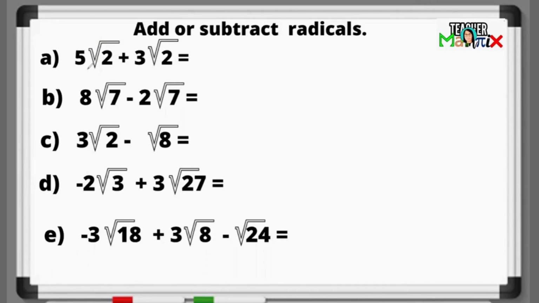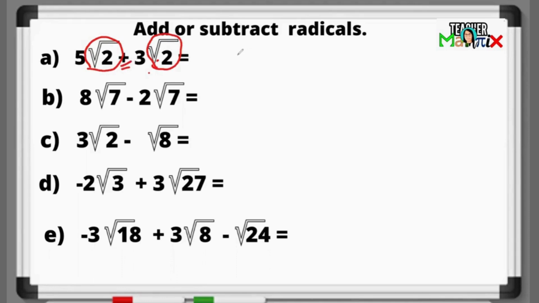The given is 5 square root of 2 plus 3 square root of 2. This is the radicand. The same with the other radicand. And the operation that is indicated here is addition.